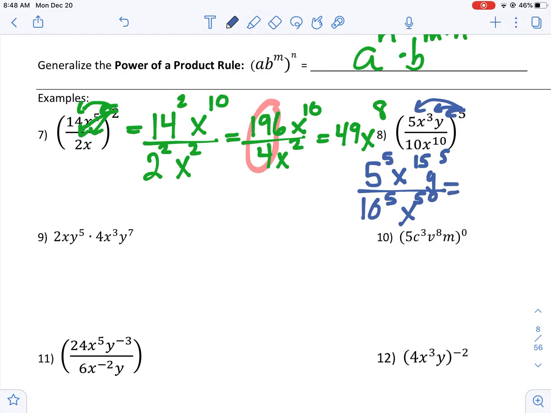Well, if I simplify that, 5 to the 5th, that's 3,125. And this is pretty big, so let's just leave it as 5 to the 5th if I said no calculator here. But this we could simplify just to x to the 10th. So we have 5 to the 5th, x to the 10th, y to the 5th, over 10 to the 5th.